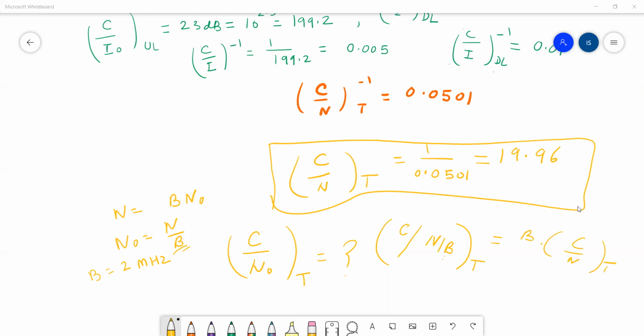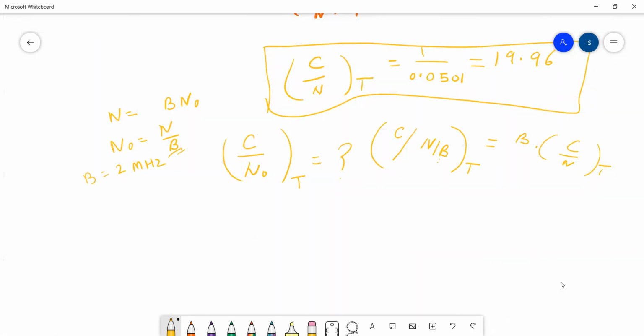Now substitute the values: C by N naught total is equal to B, which is 2 megahertz, so 2 into 10 to the power 6, into C by N, which is 19.96. So it will be 39.92 into 10 to the power 6.